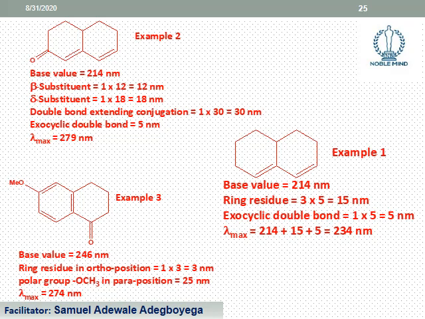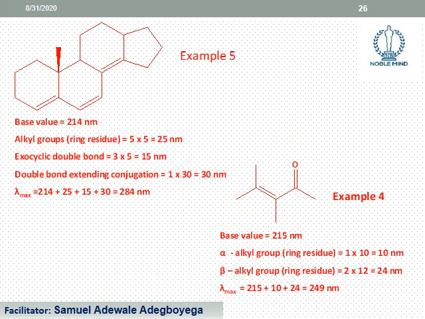We have a ring residue in ortho position, which has a contribution of 3 nanometer. We'll have a polar group, that is methoxy OCH3, in a para position, and the maximum wavelength of absorption reads 274 nanometer.